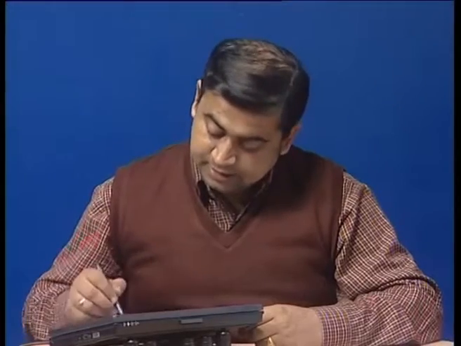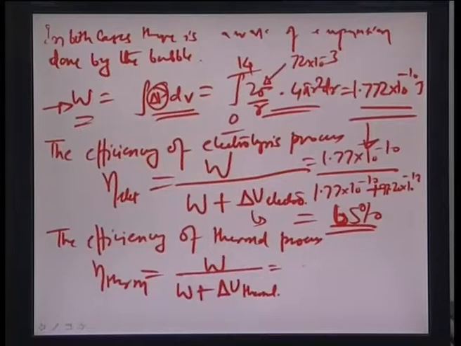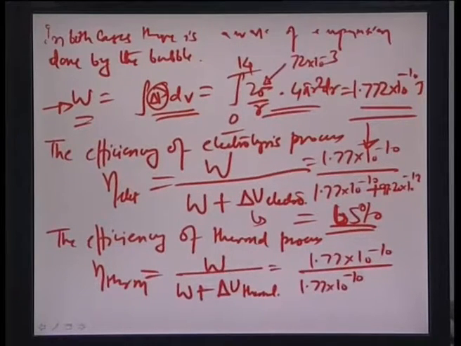So this would come out to be essentially 1.77 times 10 to the power minus 10, this does not change, the work does not change in both cases, divided by 1.77 times 10 to the power minus 10 plus 1.64 times 10 to the power of minus 8, and this comes out to be about 1.06%.